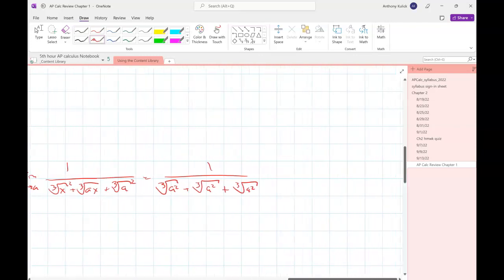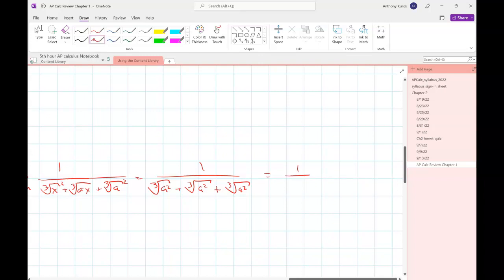And so what do I end up with? 1/3 cube roots of A. Okay, so that was the hard part. Part B, quite easy.